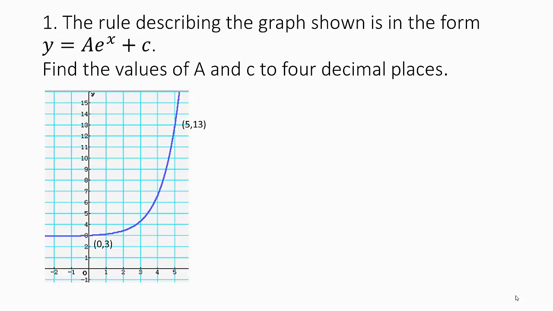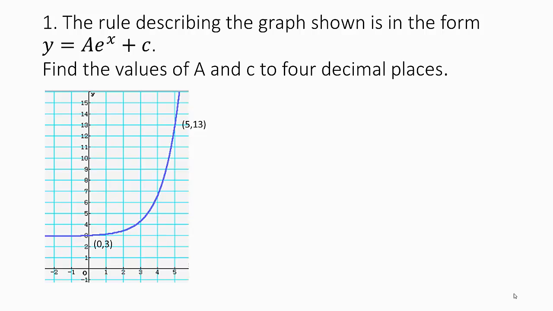Okay, here's our first example. The rule describing the graph shown is in the form y equals a e to the power of x plus c, and we want to find the values of a and c to 4 decimal places.